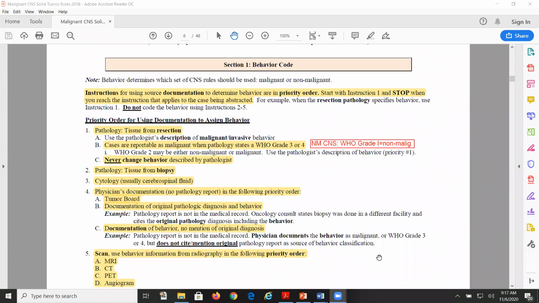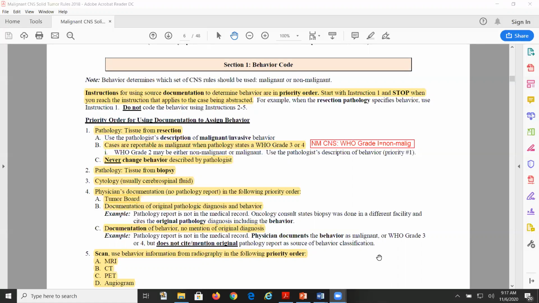And then next is the physician documentation in the following priority order. First is tumor board. Then next is the physician documentation of the original pathologic diagnosis and behavior. And then next would be the documentation of the behavior if there's no mention of the original diagnosis.